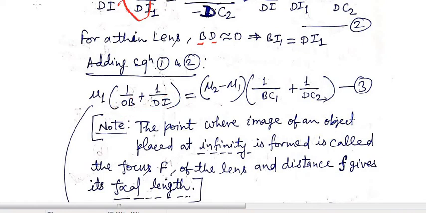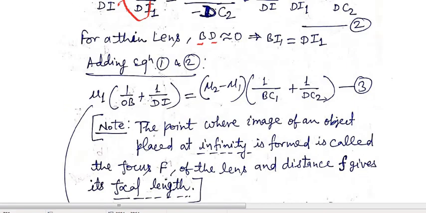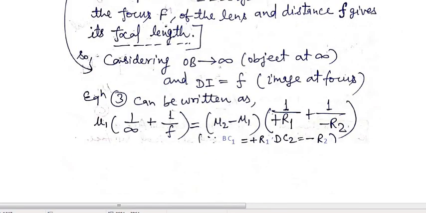So using OB equal to infinity and di equal to f, we will get the relation from equation number 3: mu1 times 1 upon infinity plus 1 upon f equal to mu2 minus mu1 times 1 upon plus r1 plus 1 upon minus r2. As we have seen earlier, using sign convention, bc1 equal to plus r1 and dc2 equal to minus r2.